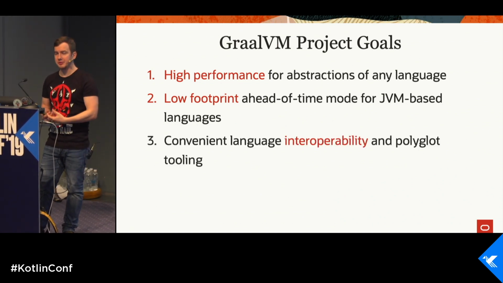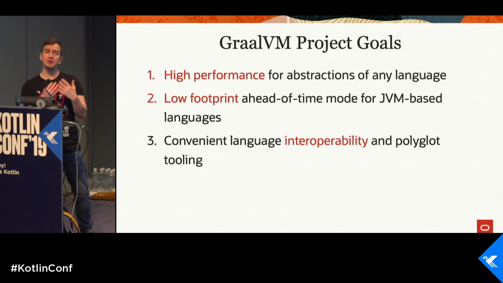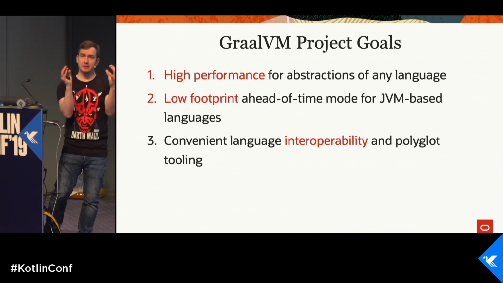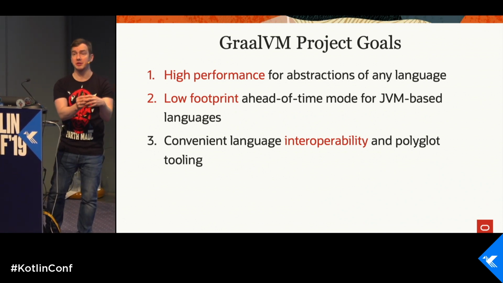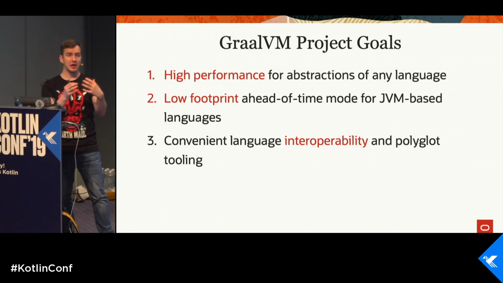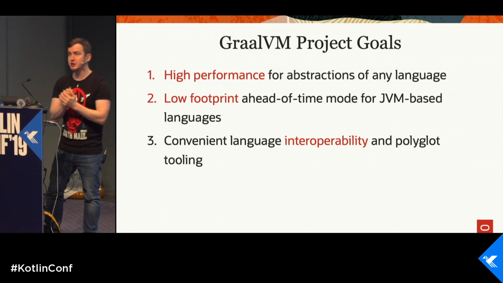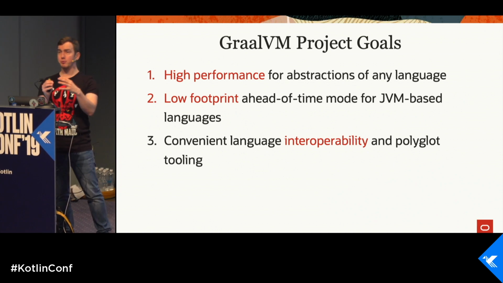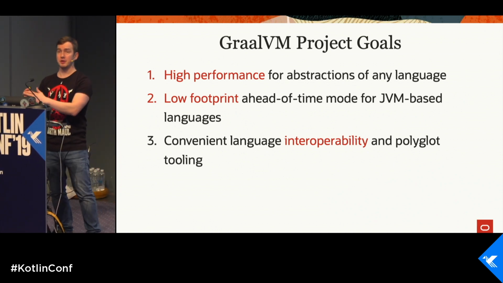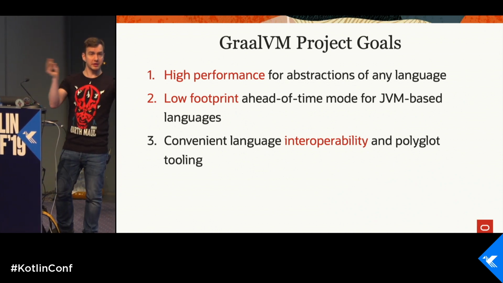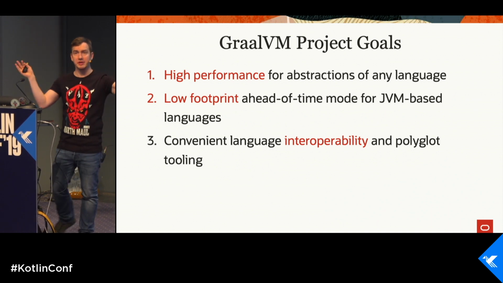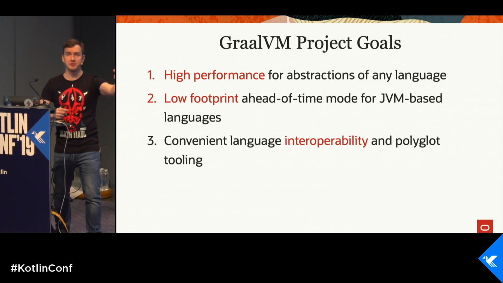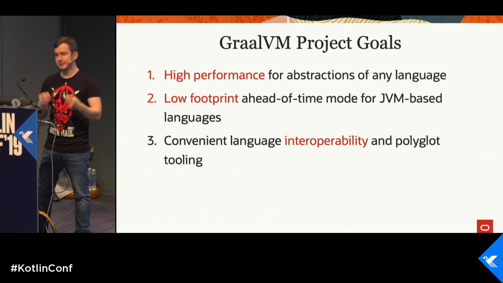You get the interoperability between languages, which means that you can write the different components in your system in different languages, right? So you can have your Kotlin application, and then you can spice it up with some machine learning in Python. And you don't have to erect a boundary between those two languages, right? You can use them in the same process, and you can use them efficiently.